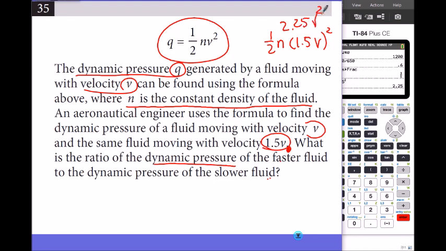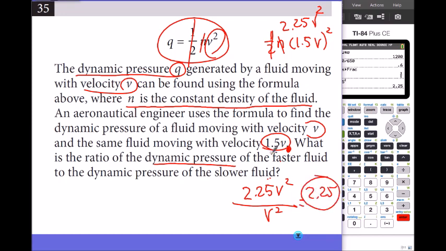The other terms, half and ρ, didn't change. So it must be 2.25 V squared over just V squared. So the ratio is 2.25. Basically, you just gotta square that. Okay?